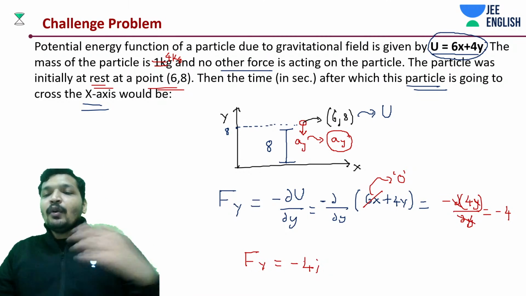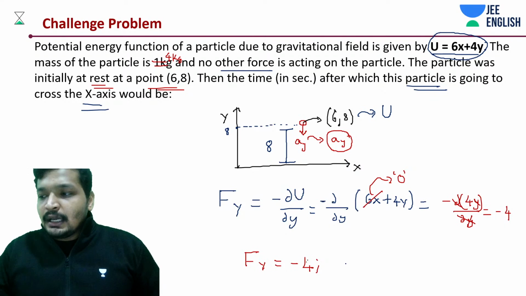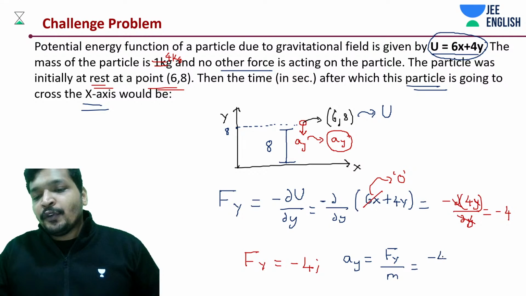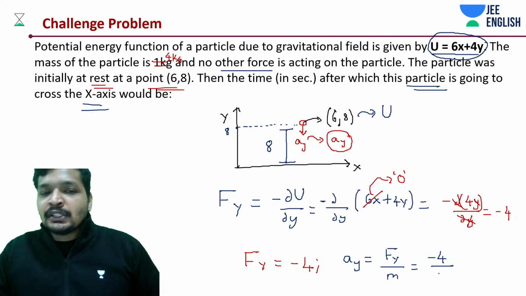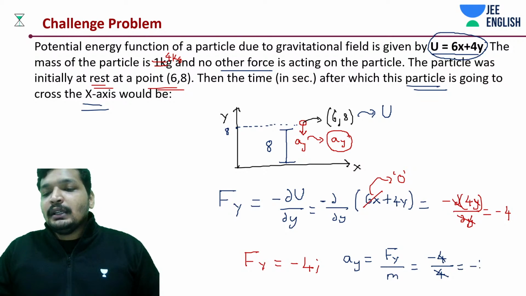What is the acceleration in this case? The acceleration a_y is going to be F_y divided by mass, which is minus 4 divided by the mass of the body, which was given to be 4 kgs. That's going to be minus 1.